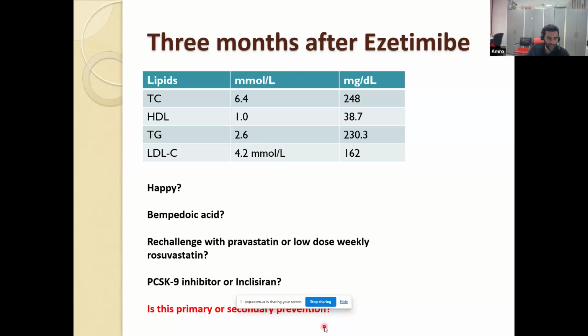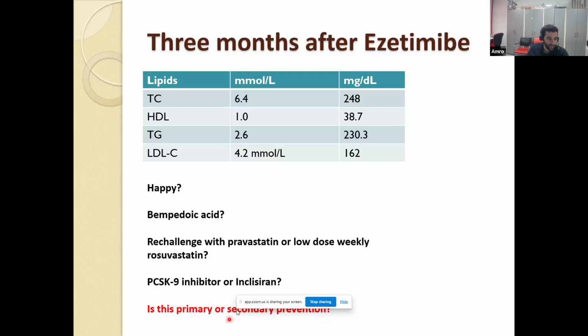primary prevention does not become secondary prevention overnight. You don't just suddenly have a heart attack from not having atherosclerosis a day before. You develop coronary artery disease over many years. And as you rightfully say, we do not even know whether this person has secondary prevention coronary artery disease or whether this is pure primary.